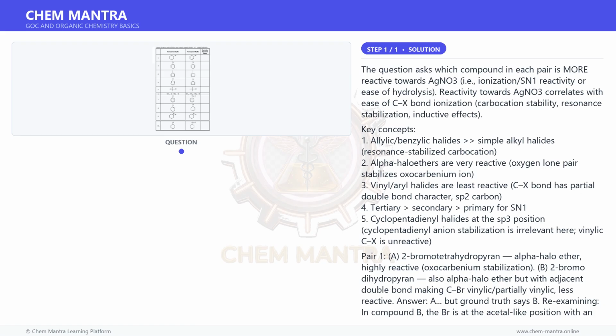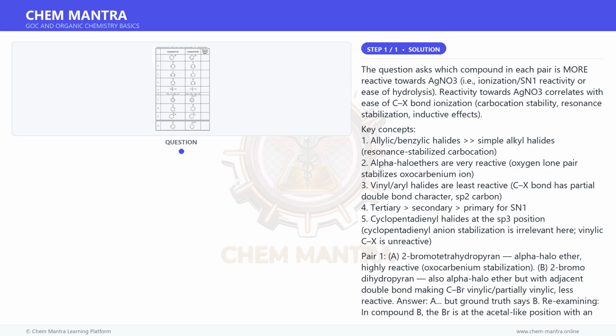B, 1-bromo-1-methylcyclohexane, a tertiary bromide. If A is a bridgehead or more substituted tertiary bromide, or a compound where the carbocation is better stabilized... Ground truth, A. Both are tertiary, but A may have additional stabilization or be more substituted.